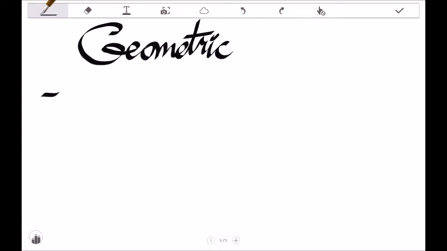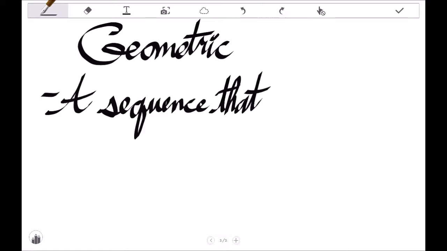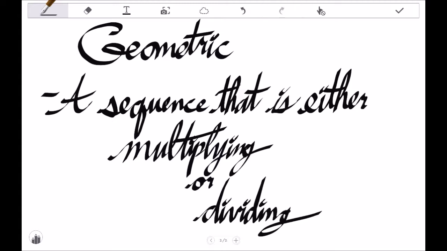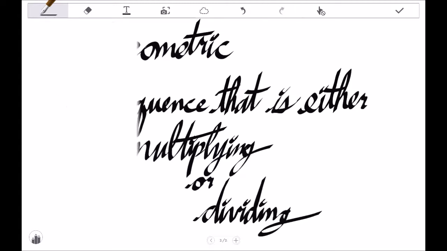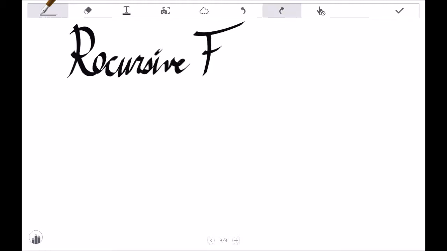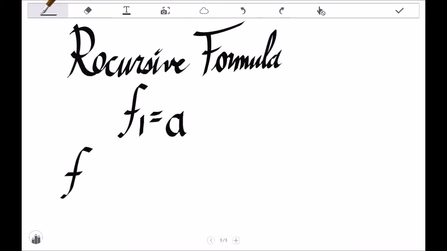A geometric sequence is a sequence that is either multiplying or dividing. As with arithmetic sequences, geometric sequences also have two formulas, the recursive formula and the explicit formula.